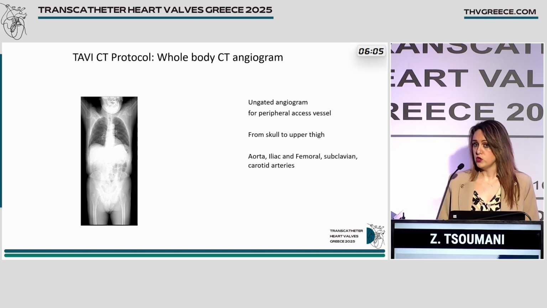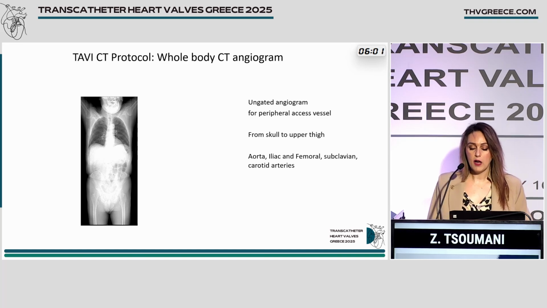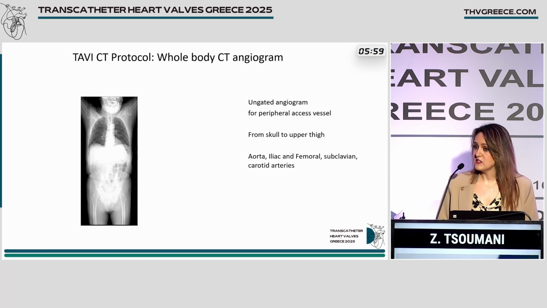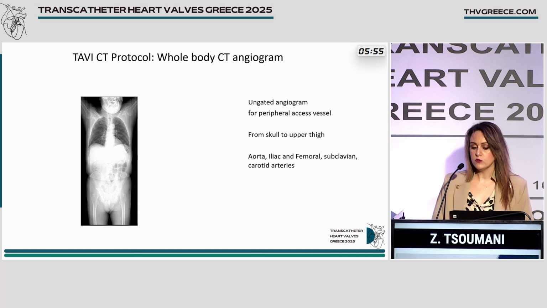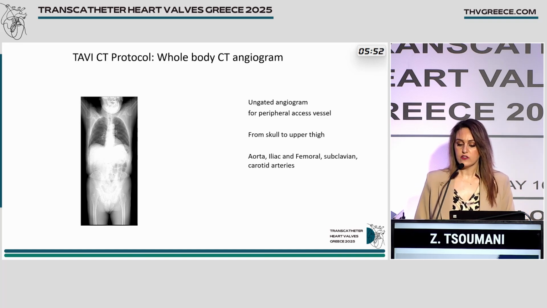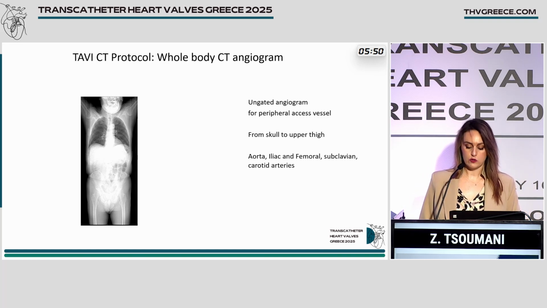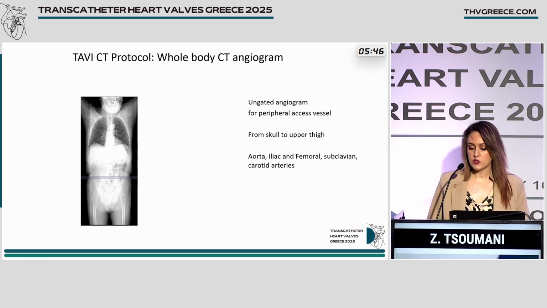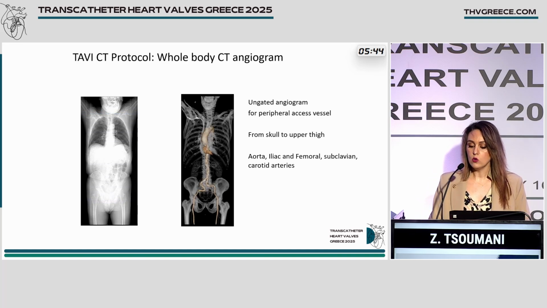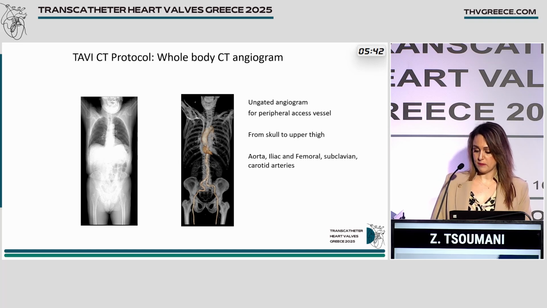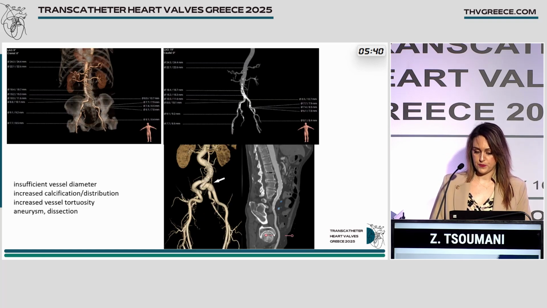Nevertheless, the two main components of the TAVI CT workup are ECG synchronized data for the aortic root and a whole-body CT angiogram. The latter is commonly performed as an ungated scan for peripheral access vessel from skull to upper thigh to include aorta, iliac, femoral, subclavian, and carotid arteries.